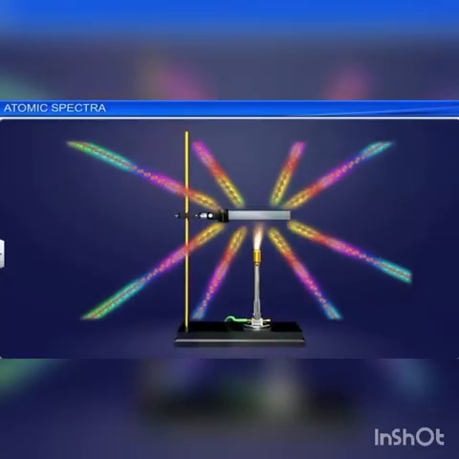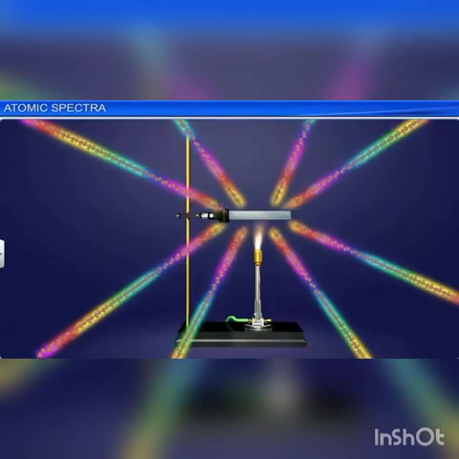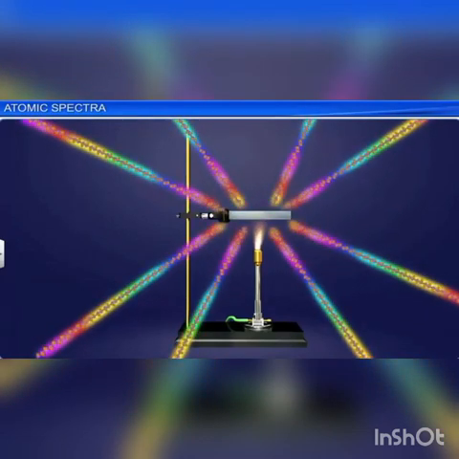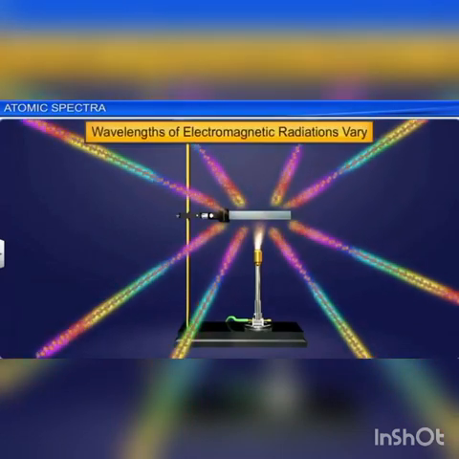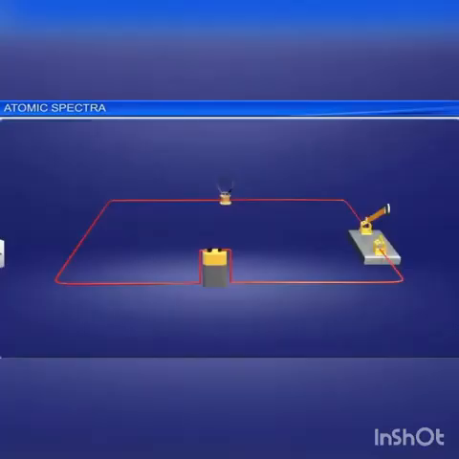When a metallic body is heated, it emits electromagnetic radiation. The radiation may consist of different wavelengths. For example, when the filament of an electric bulb is heated, it emits white light consisting of radiations in the visible range.